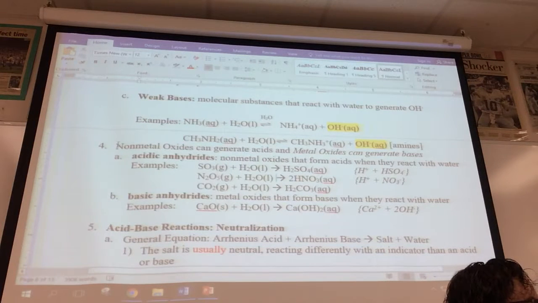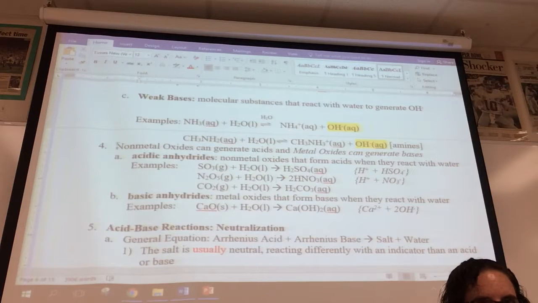The other type of reaction that I do want to mention to you here, this is a synthesis reaction, and we'll review this in the synthesis section, but I'll mention it here because you're generating acids and bases.